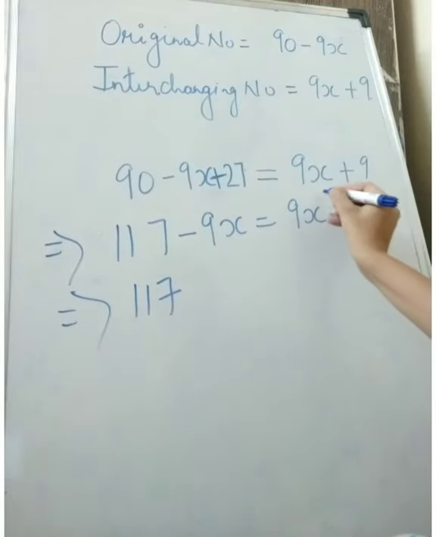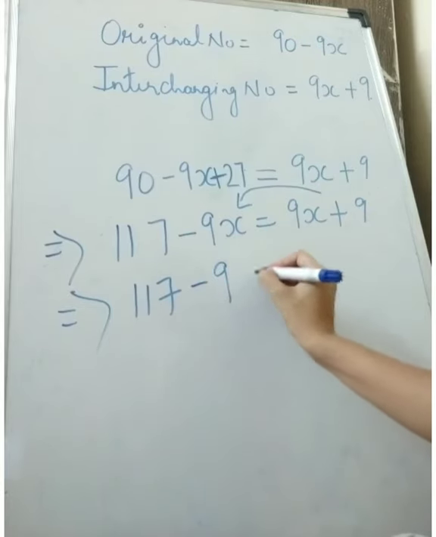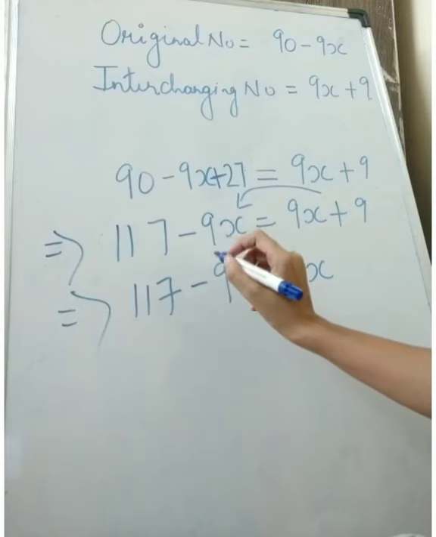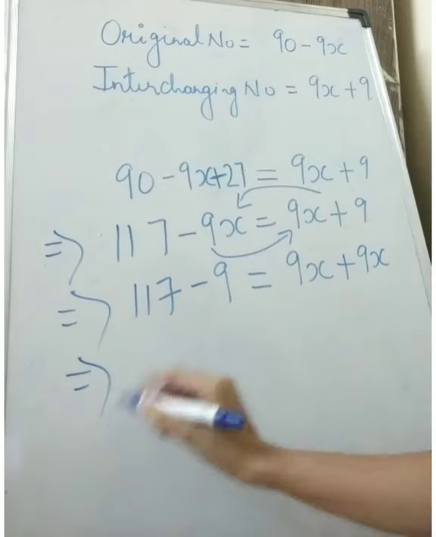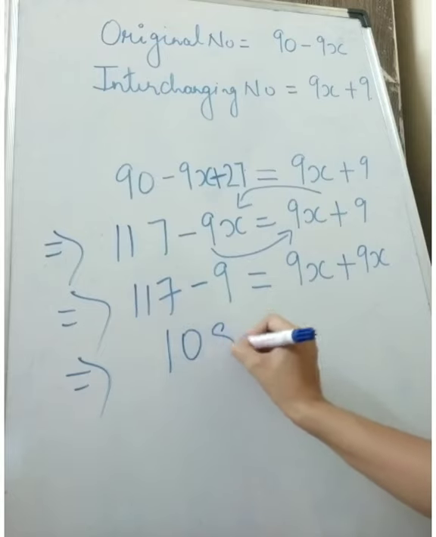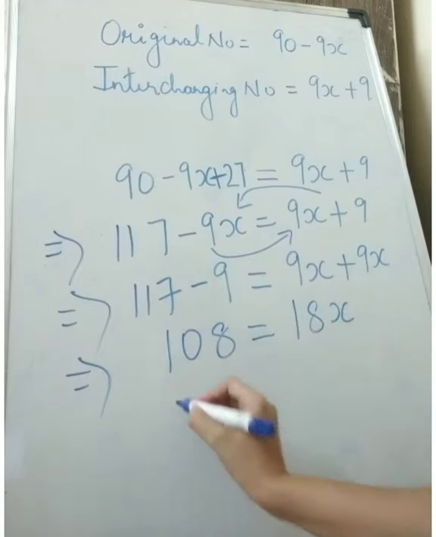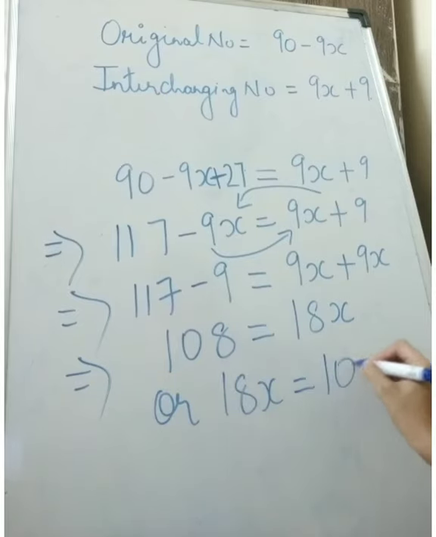This plus 9 from RHS, when it moves to LHS, will become minus 9, equal to 9x which is already here. Minus 9x from LHS, when it moves to RHS, will become plus 9x. So 117 minus 9 will become 108 is equal to 9x plus 9x, which is 18x. Or we can write 18x is equal to 108.